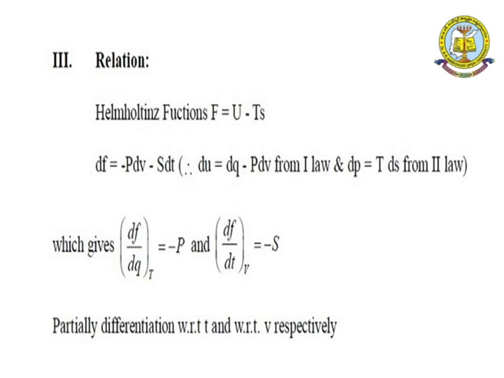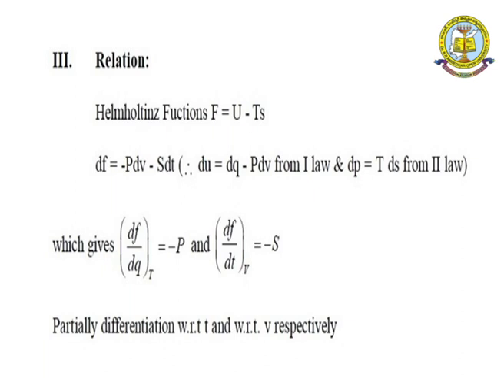By differentiating this equation, dF equals dU minus TdS minus SdT. Here dU means TdS minus PdV, so some cancellation takes place, since TdS appears in both. Substituting the dU value, the final equation becomes dF equals minus PdV minus SdT.